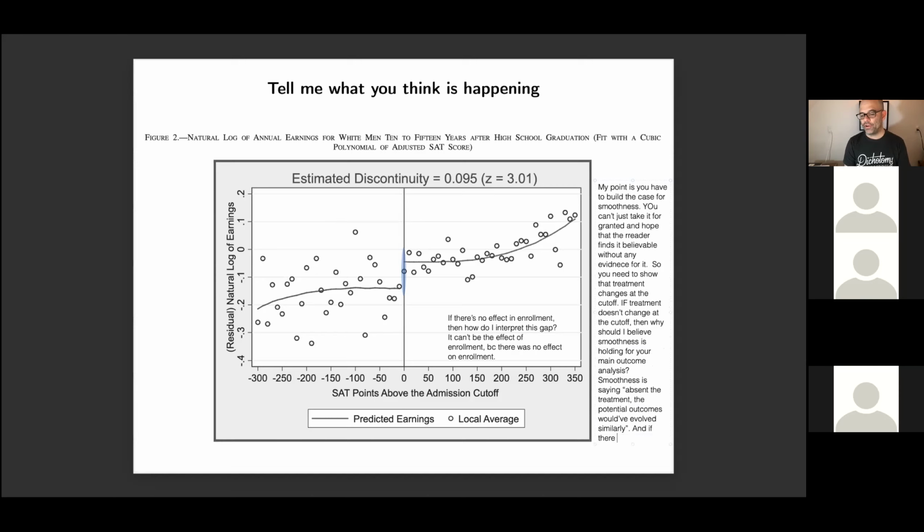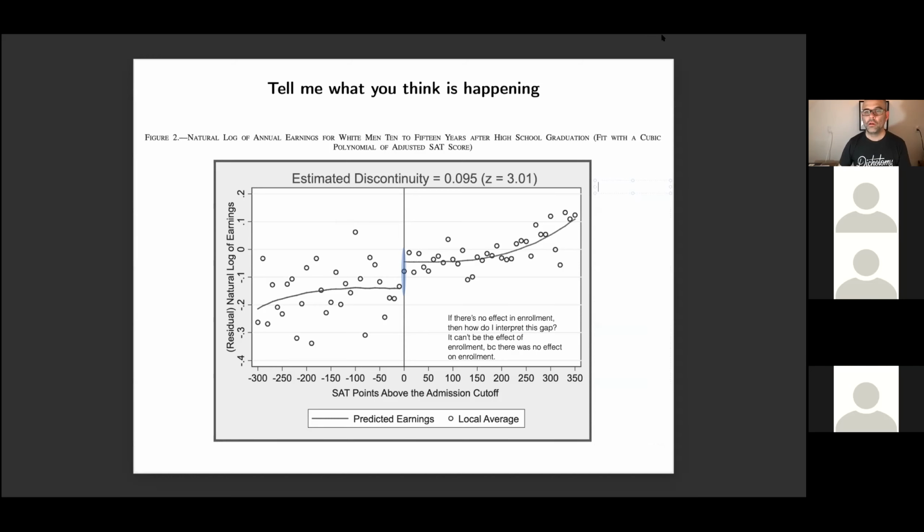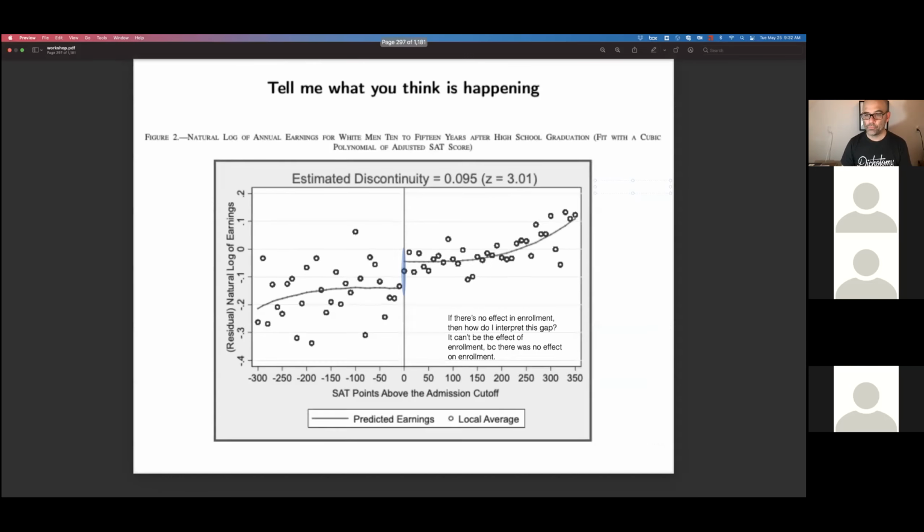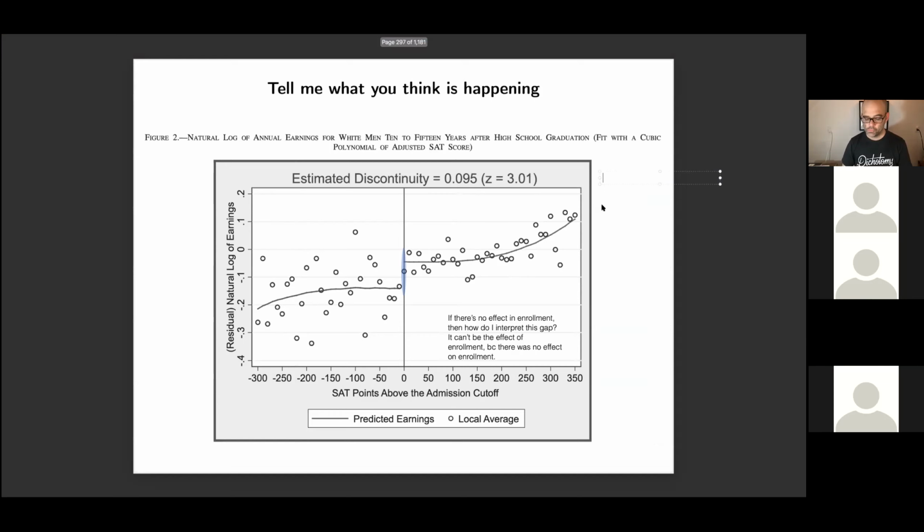And if there is no change in treatment at C0, then it logically means the estimated effects on an outcome cannot be due to the treatment, because the treatment didn't change in the first place.